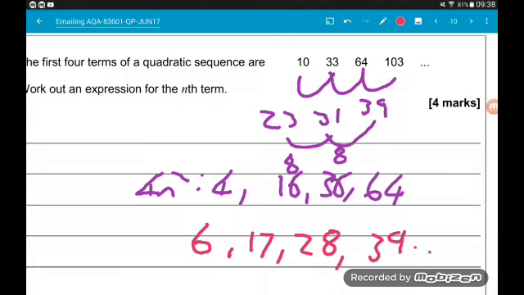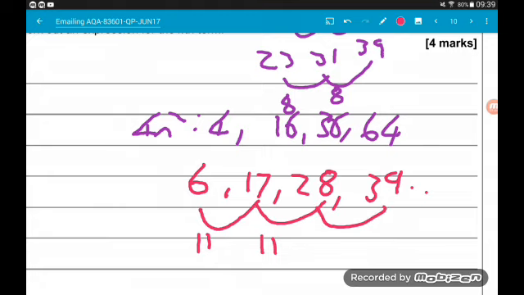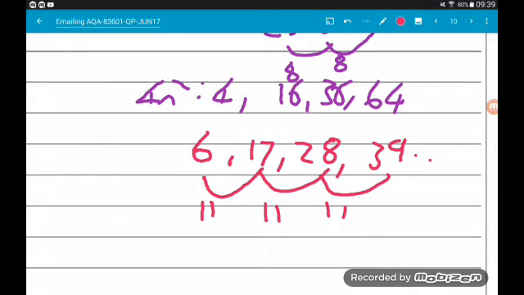So now we've got the linear part of our sequence. We now need to find the nth term of this. So find the differences. Hopefully they're all the same. 6 to 17 is 11. 17 to 28 is 11. 28 to 39 is 11. So we're something to do with 11.